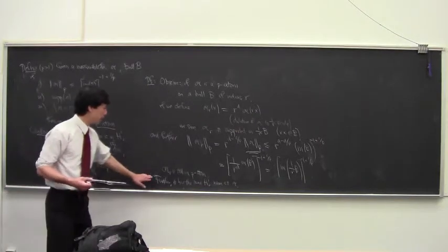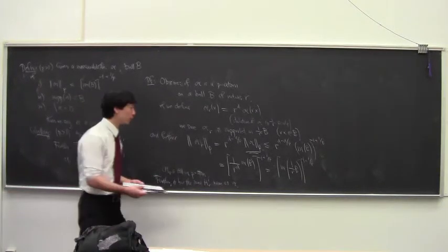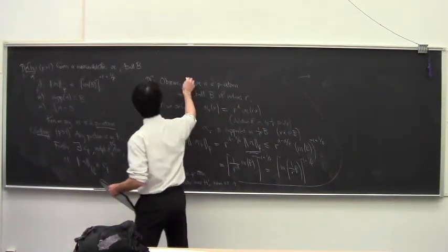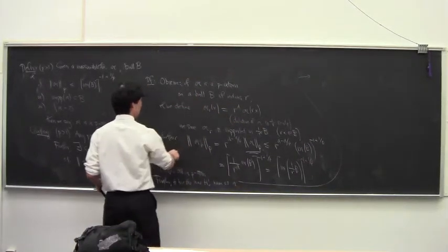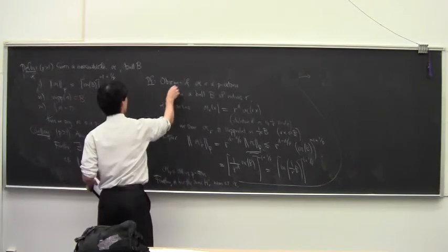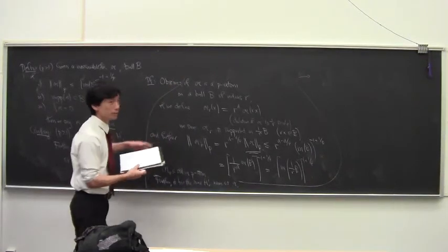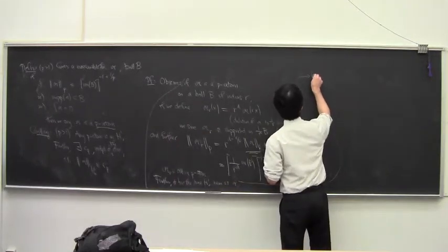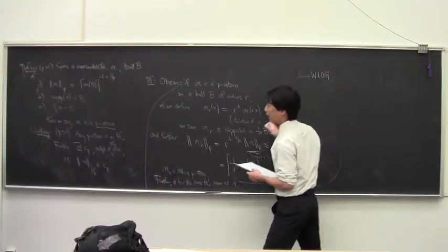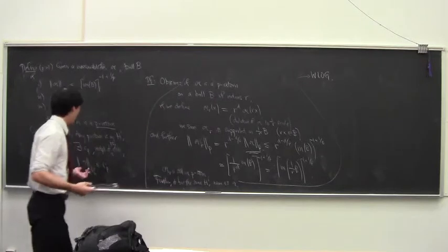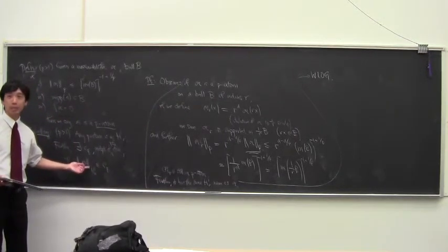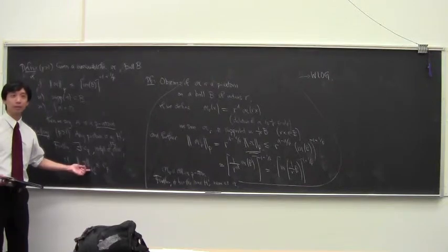So this observation is useful because, so this set of observations, so these are the observations right here. So observe this, and then that allows us to say, well then, without loss of generality, if we're trying to get a control on the H1 norms of P atoms, we can assume that the P atom is supported on a ball of unit radius.